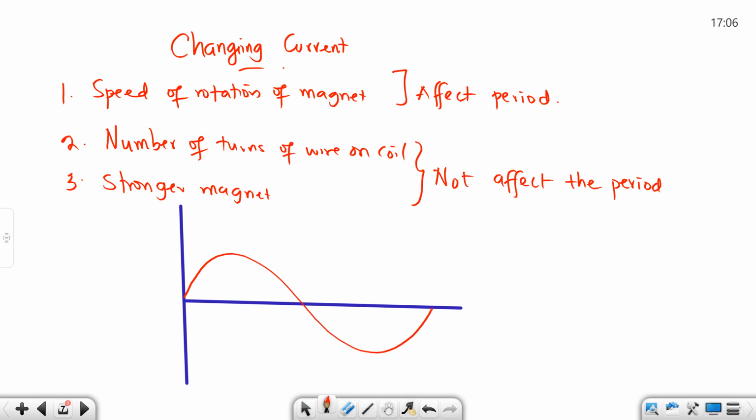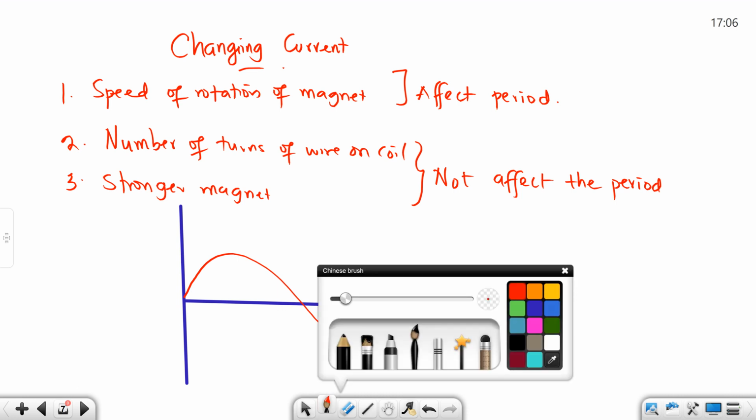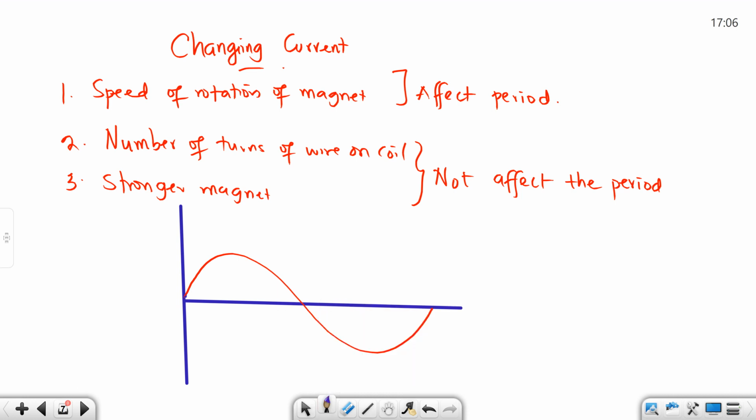If I have this graph, we have points 1, 2, 3. I have done a change. This graph represents 2 and 3. We are not affecting the period, the time for one complete wave.